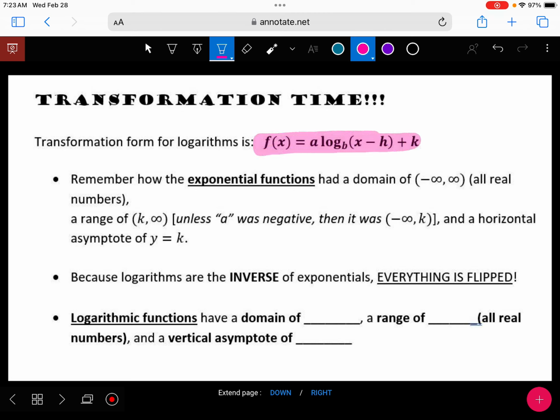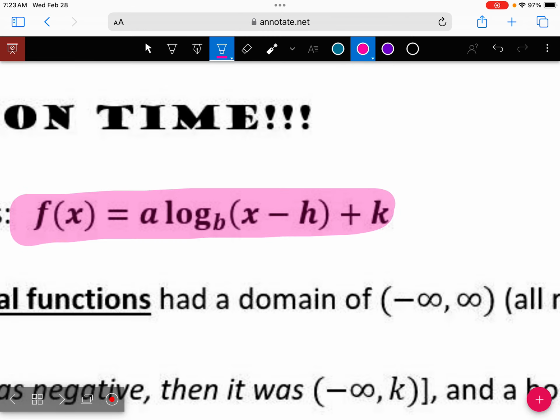This is our transformation form. We still have our A value out in front. We still have the H inside and with the opposite sign. We still have K added on the end. Just like with exponentials, that b just decides our parent function. So log base b decides our exponential parent function. It doesn't do anything for transformations.